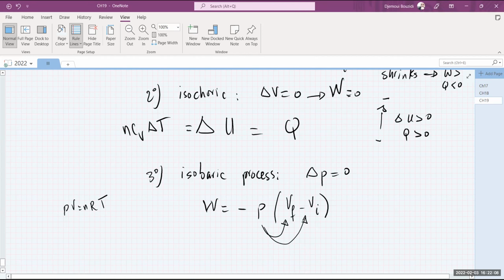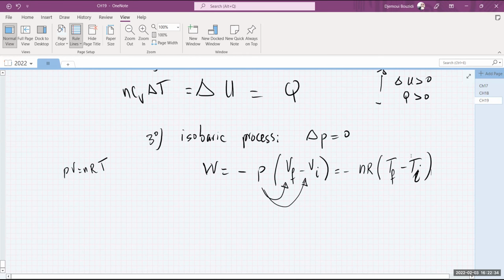The pressure is the same, so it's going to be minus nR, which is common for these two terms, times the final temperature minus the initial temperature. So I can write it as minus nR (Tf minus Ti). Again, if Tf is greater than Ti or Vf is greater than Vi, W is going to be negative. And vice versa. Okay? So that is the work.